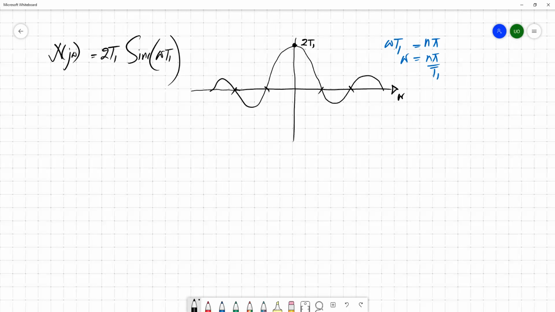So this first point would be pi over t1. This is 2 pi over t1. This is 3 pi over t1. This is minus pi over t1. This is minus 2 pi over t1. This is minus 3 pi over t1. So these are the zero crossing points.